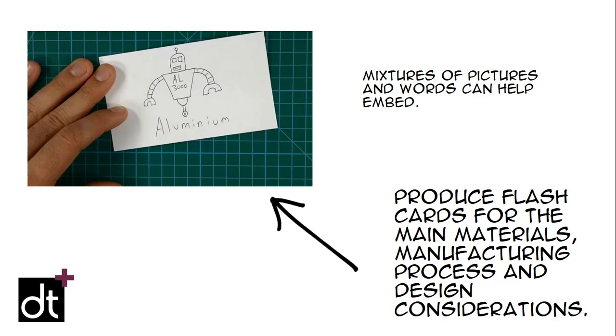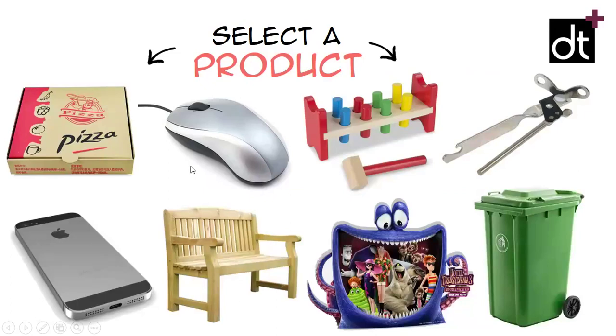So, just to recap, we've got a timetable, we've got flashcards of the main design materials, manufacturing processes, and considerations. Once you've done this, to test or to embed or to really further extend yourself, I would suggest that you pick a product. Now that I've got a series of products on the screen there, you can pick anything from around your house.